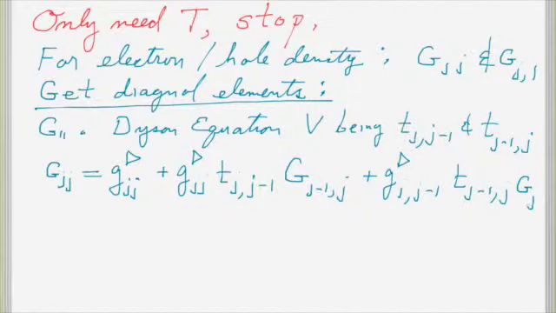Okay, but for the bare G's, the small g's, we've set the T J, J minus 1 to 0. So again, this guy is 0, for the same reasons we talked about before.